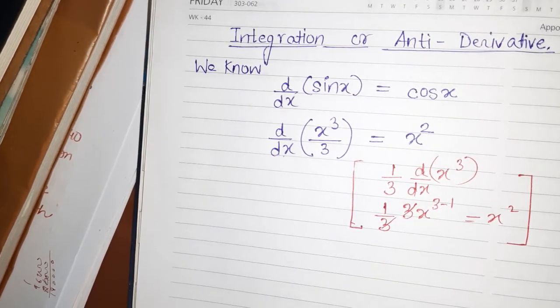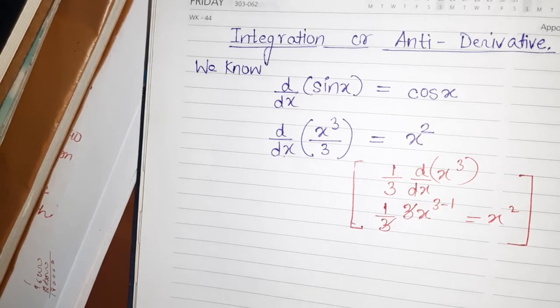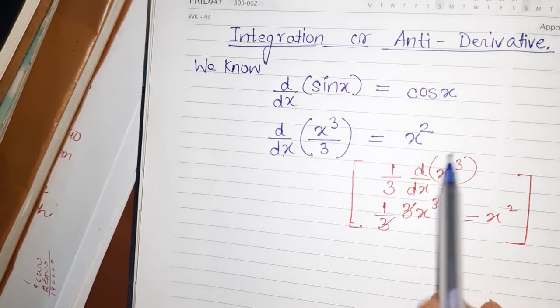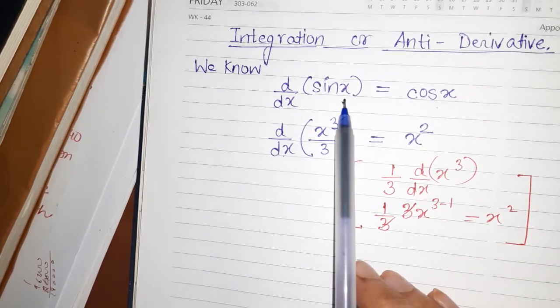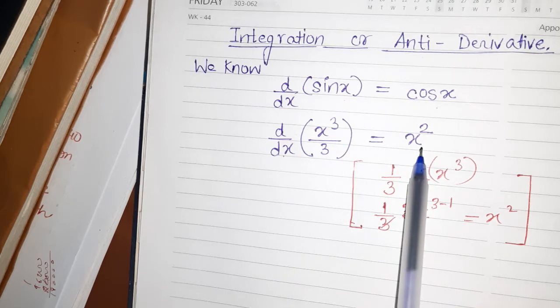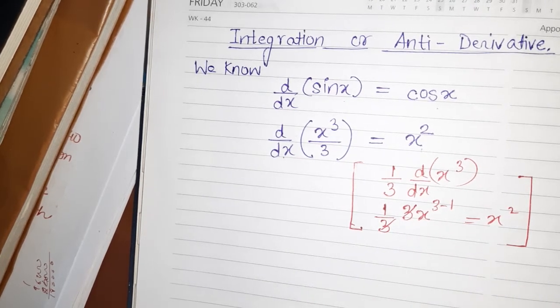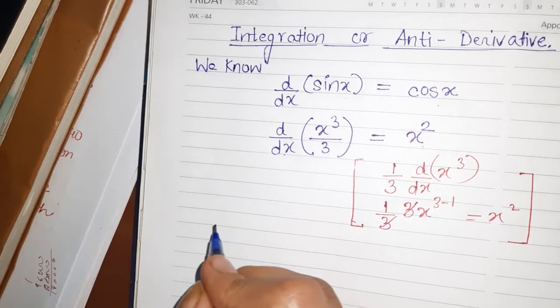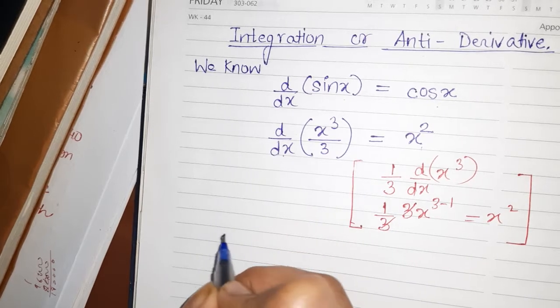In these two differentiations we observe that the function cos x is the derivative of sin x, and x square is the derivative of x cube by 3.